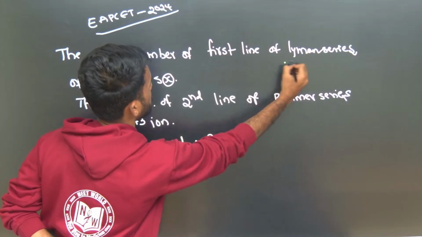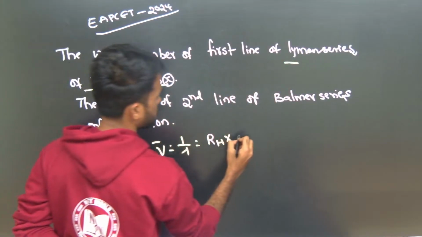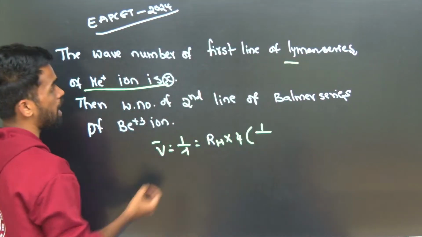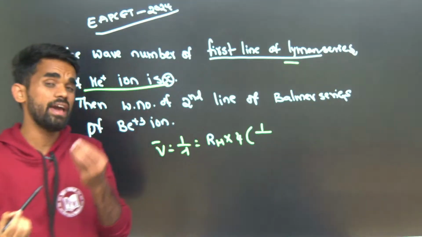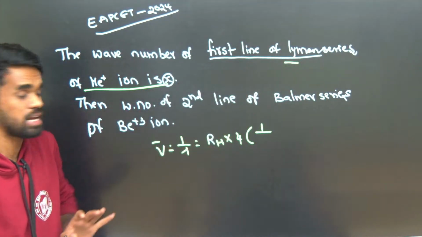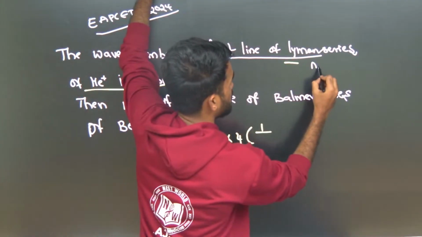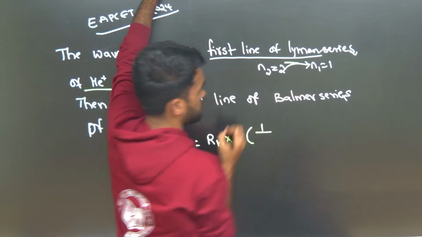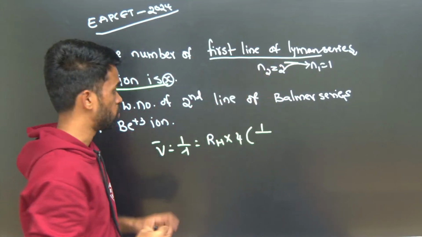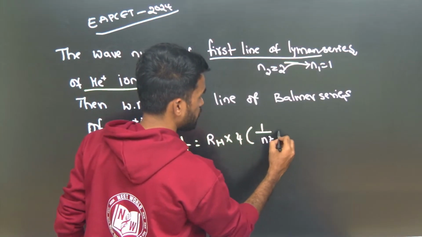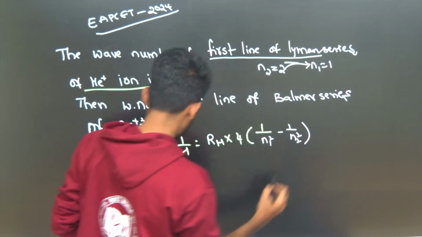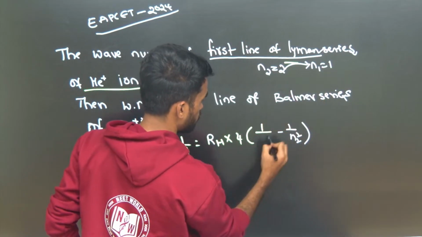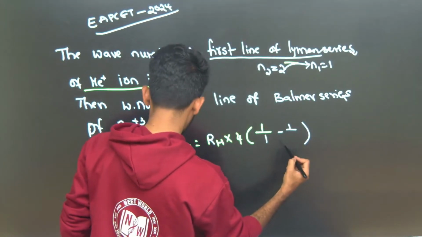Z is for helium, 2, so Z square is 4. Then 1 by N1 square minus 1 by N2 square. For the first line of the Lyman series, as I explained just now, N1 equals 1 and the first line comes from the second level to the first level, so N2 is 2. So N1 is 1 and N2 is 2, that is 4 here.